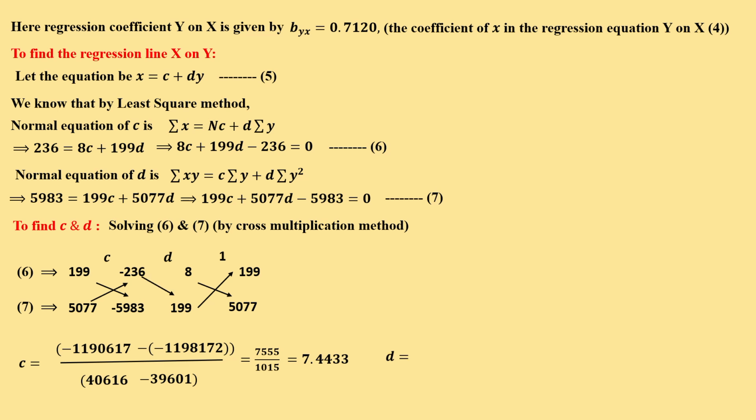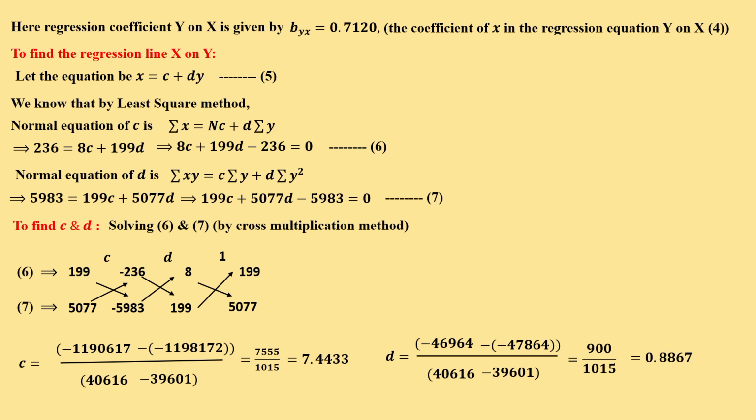Similarly d is equal to, so multiply numbers under d, minus 236 into 199 minus 5983 into 8, whole divided by 8 into 5077 minus 199 into 199. After the simplification you will get 0.8867.